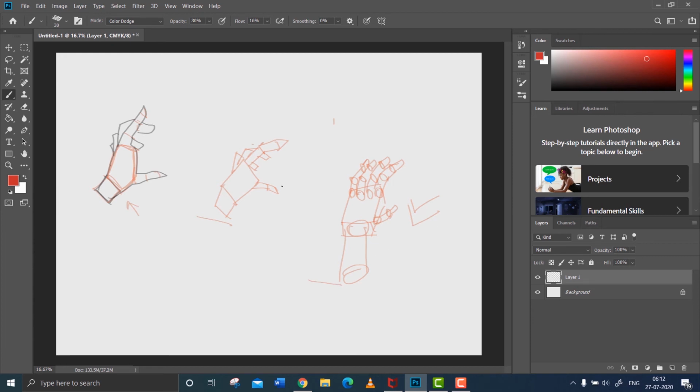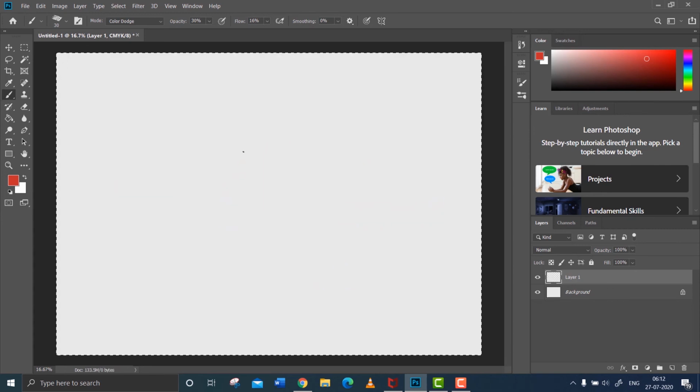So, there's one more thing we have to cover before we sign off. That is organic shapes and organic forms. Organic shapes are basically just random shapes.